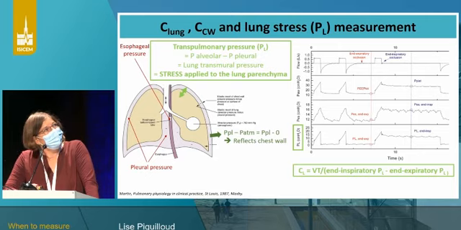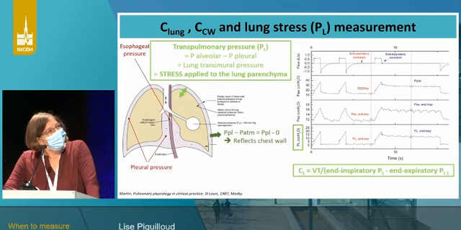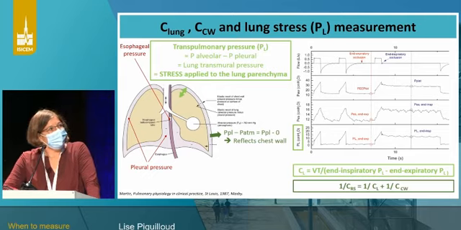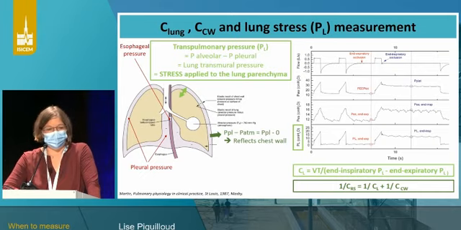If you subtract esophageal pressure from airway pressure, you have transpulmonary pressure. And this is the information on the lung. Using those values, you can compute the compliance of the lung and not of the chest wall. And then, by using standard formulas, you can also compute the compliance of the chest wall.